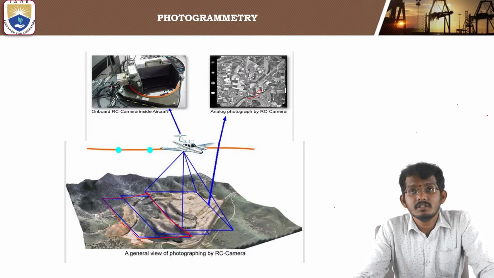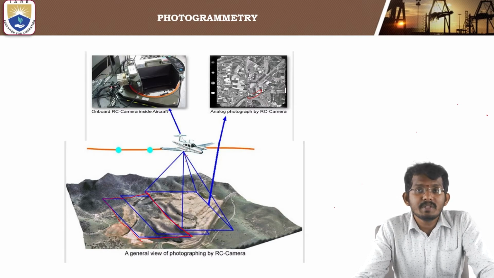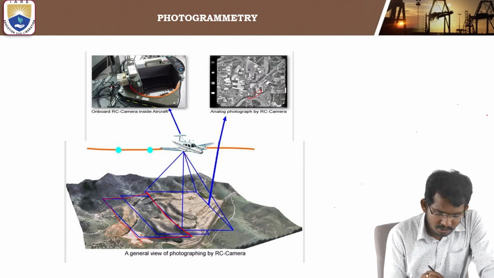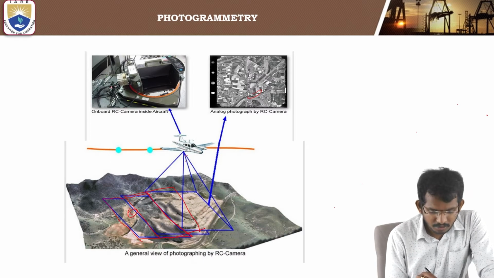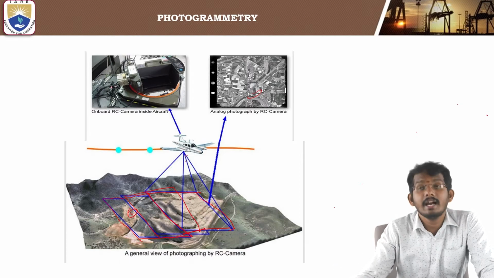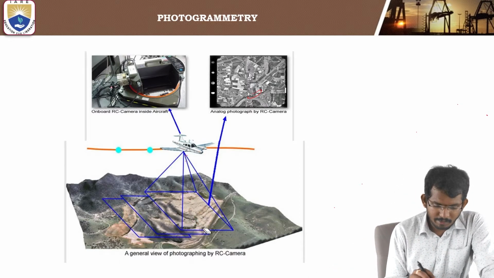I overlap this image by 60 to 70% and capture the second image. On the second image again I overlap 60 to 70% and capture the third image. So this is called aerial photogrammetry.